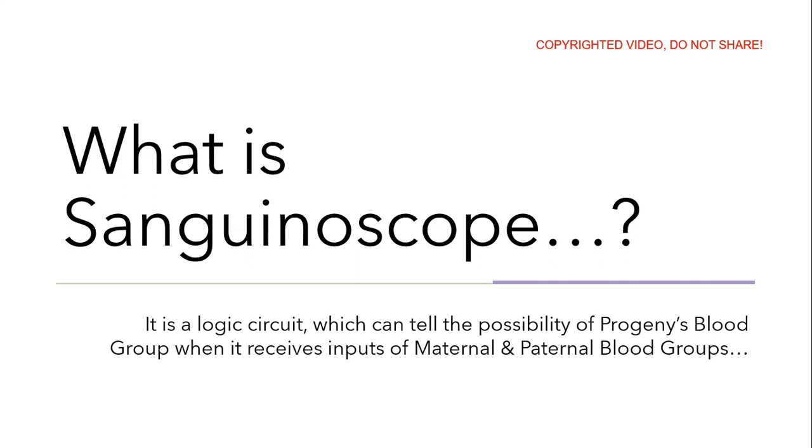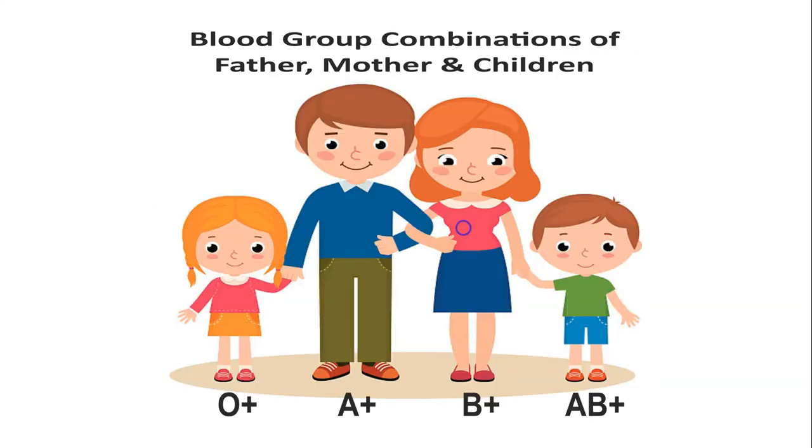It does this when it receives inputs of maternal or paternal blood groups. Means if you give this circuit the maternal blood group, meaning mother's blood group, and the paternal blood group, meaning father's blood group, then it shows you the possibilities of progeny blood groups.